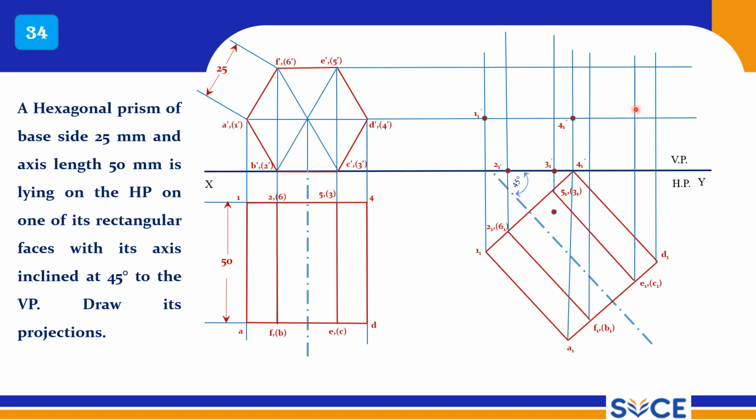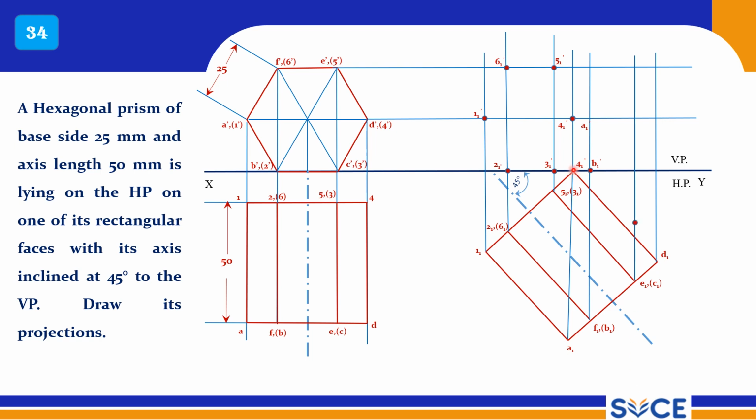All outermost points should be connected with thick lines. Now A is visible. Whatever points you are connecting to A should be visible. A is visible, A1 is also visible, and A2 is also visible.